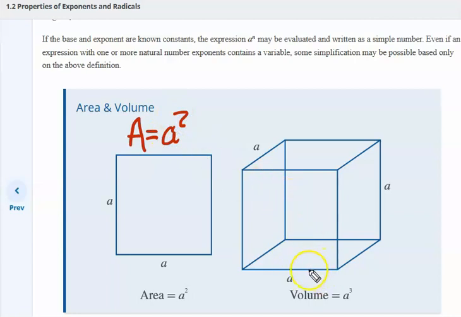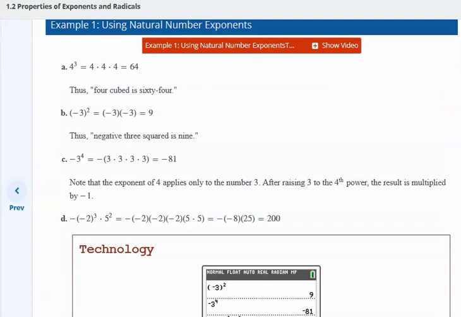Now for the volume, where it'd be 3 sides, this times this times this, the volume is A to the third. So again, we're using exponents in calculations. So now in your notes, example 1.